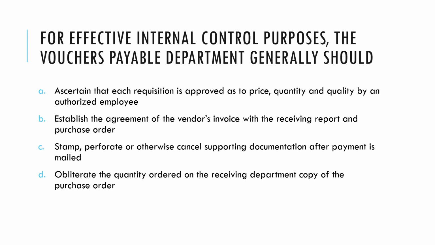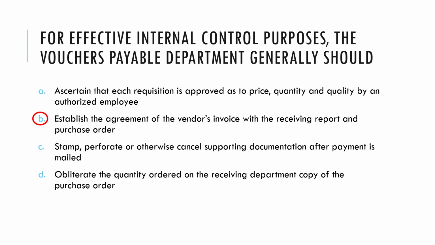Letter B, establish the agreement of the vendor's invoice with the receiving report and the purchase order. This is what we call the three-way matching. We normally perform the three-way matching once a request for payment is already starting to be processed, and the three-way matching is done in the accounts payable department or the vouchers payable department.